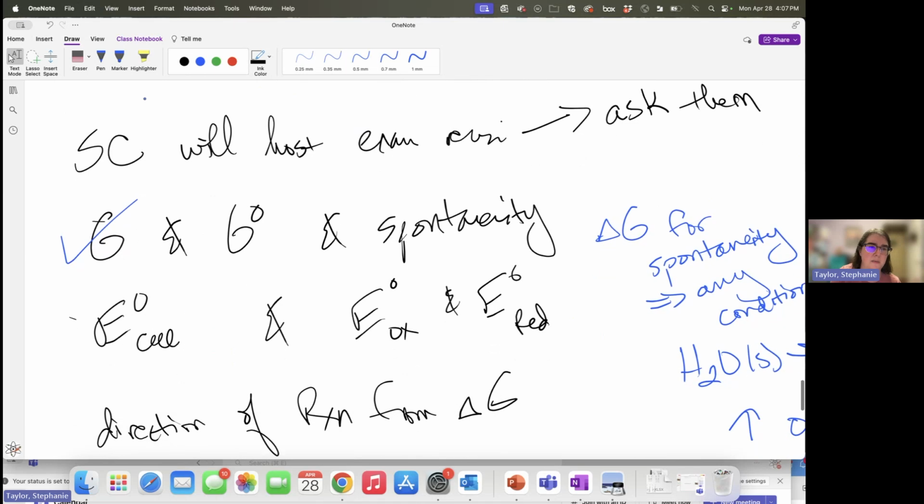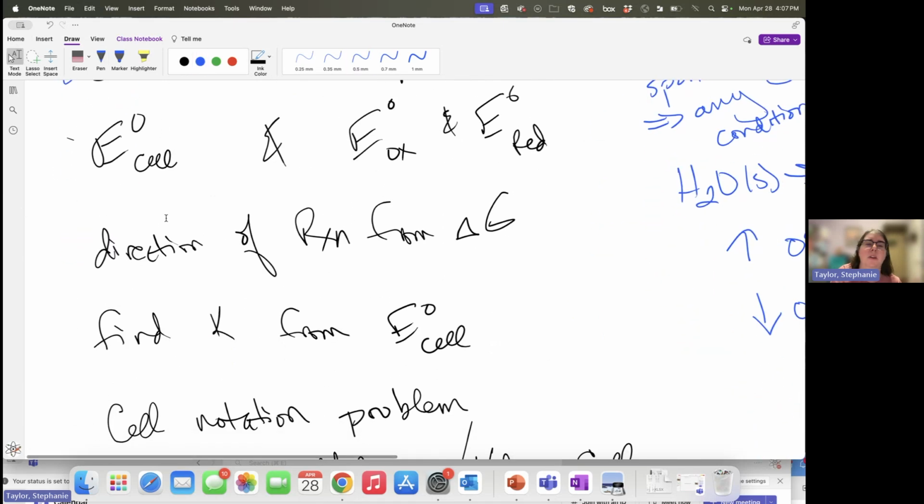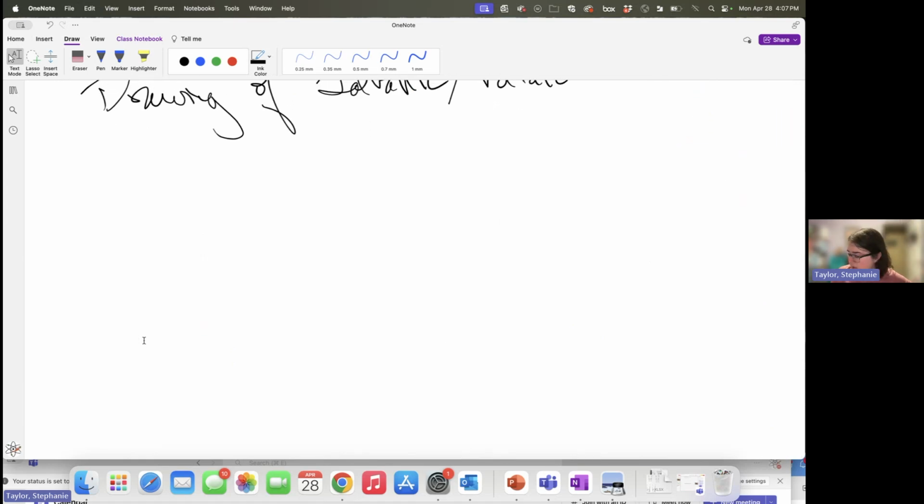Next up, I answered this question not very well. E cell, oxidation and reduction. Those are nice right next to each other, so let's go ahead and grab some more reactions.